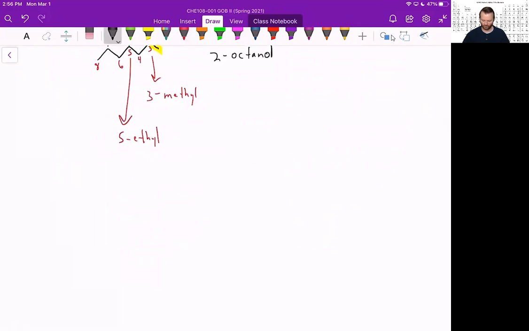One last example, what do you do if you have a cyclic alcohol? The priority is the hydroxyl is always as low as you can go, so that's always carbon 1, 2, 3, 4.